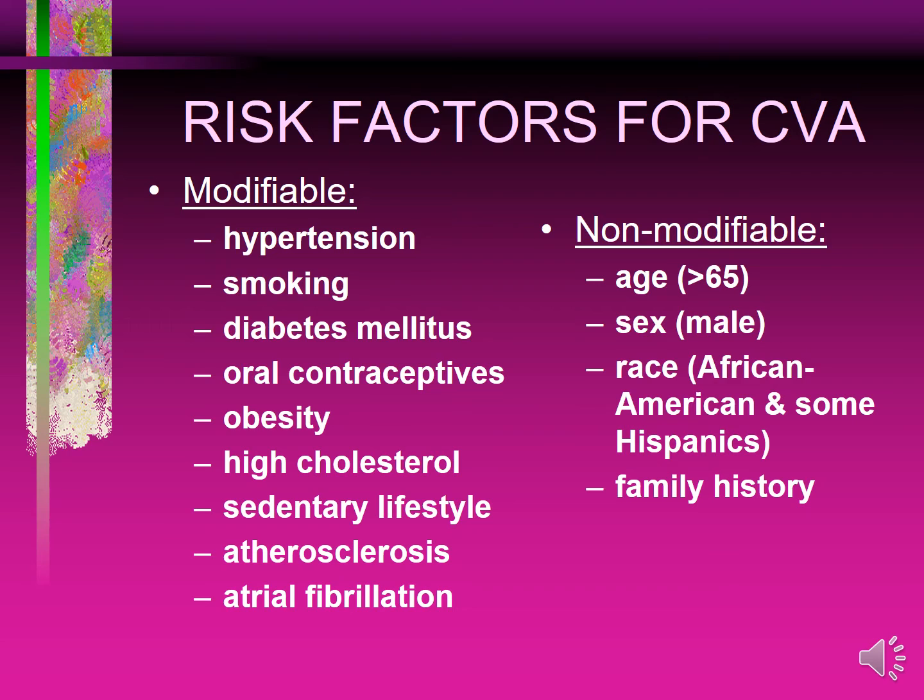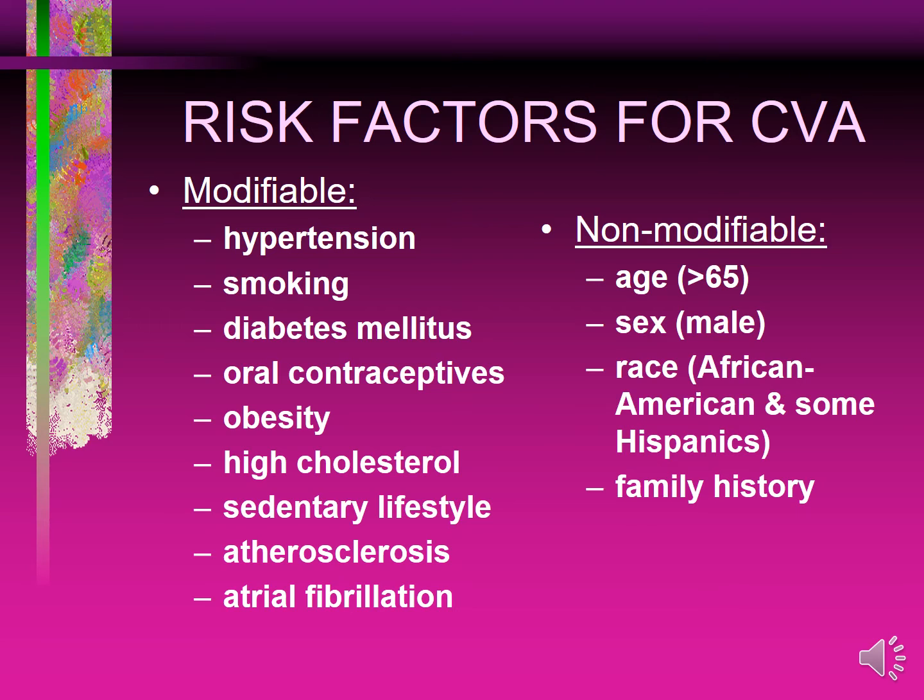And so if they have a lot of the non-modifiable risk factors, they should really work on the modifiable ones to reduce their overall risk factors. The non-modifiable ones, as you see here: age greater than 65, being male, African Americans and Hispanics are more at risk than Caucasians, having a family history with somebody else in the family having a history of a CVA puts the patient at more risk.